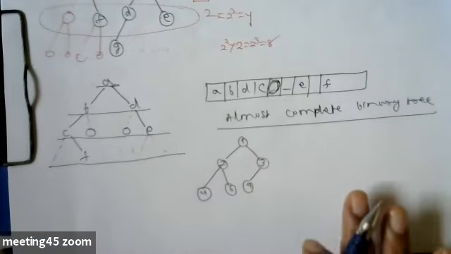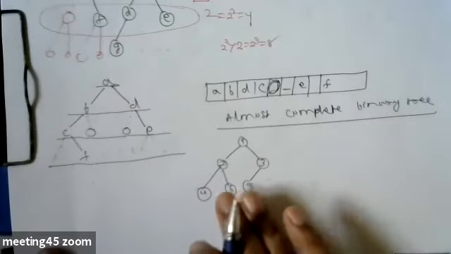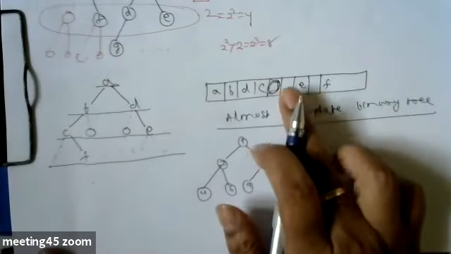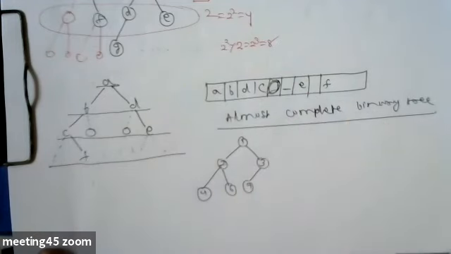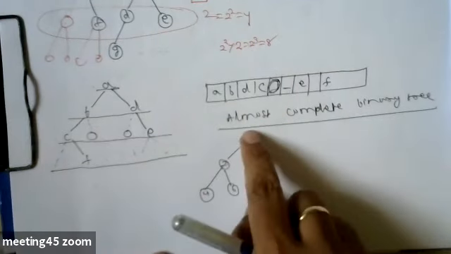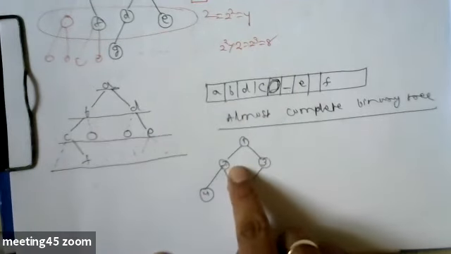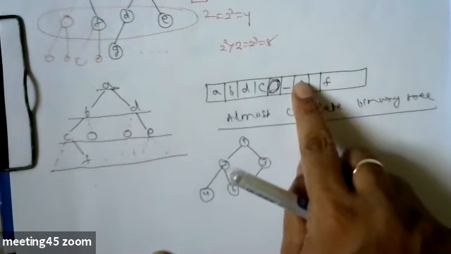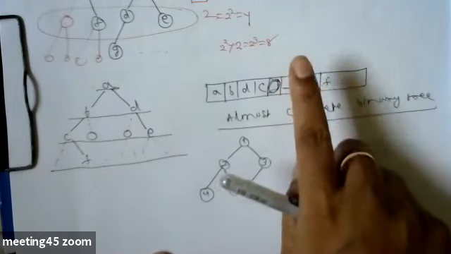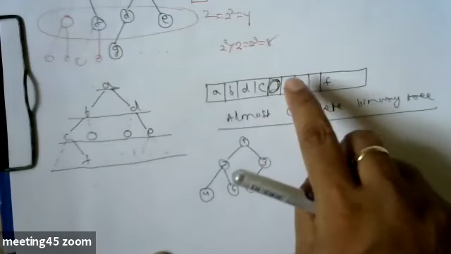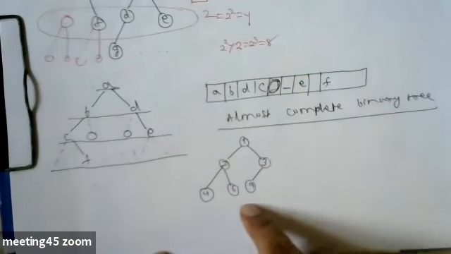No. Since there is no blank space present in the array representation of the tree, that's why it is called almost complete. Very simple. What I told is, if any binary tree is represented in an array and there is no blank element present in the representation, then this is an almost complete binary tree.